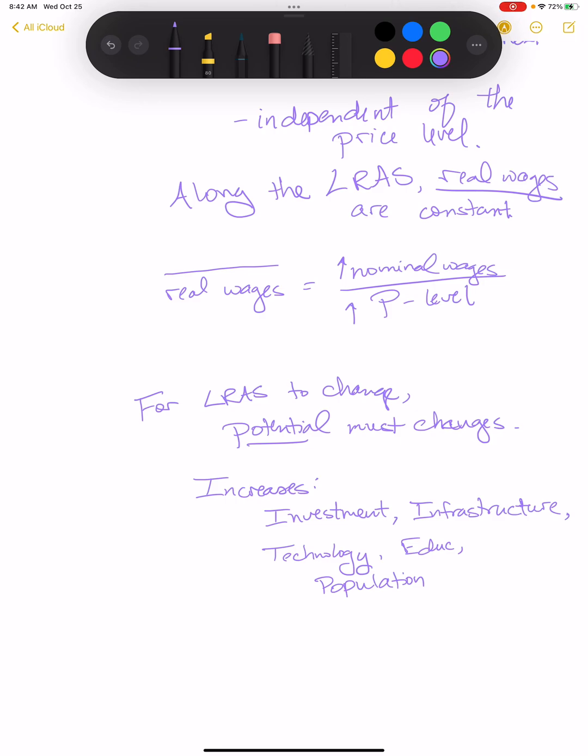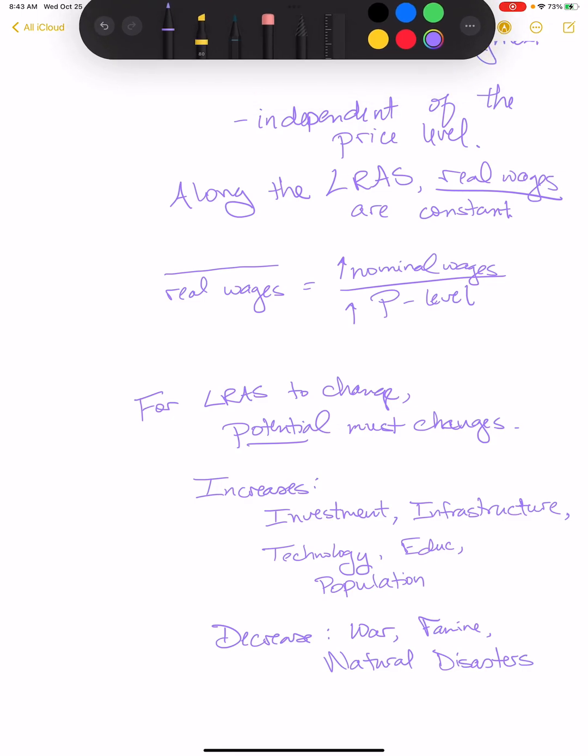What could decrease the long run aggregate supply? Things like war, famine, natural disasters, anything that could shift in that production possibility frontier has the potential of decreasing that long run aggregate supply curve.